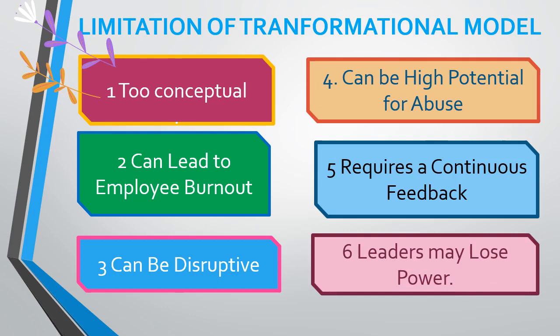What if employees do not agree with the leader's vision? If someone disagrees with the leader's vision for the organization, then he loses the ability to influence them and he loses all his power. Now we will look at the advantages of transformational leadership.